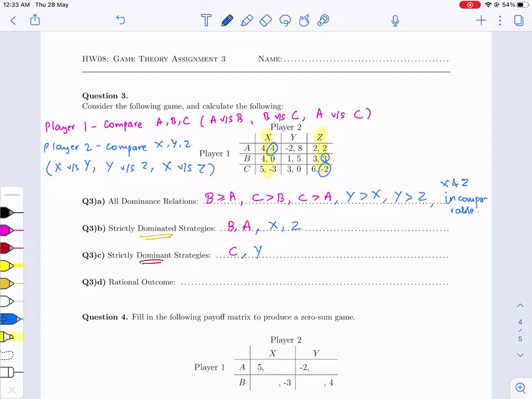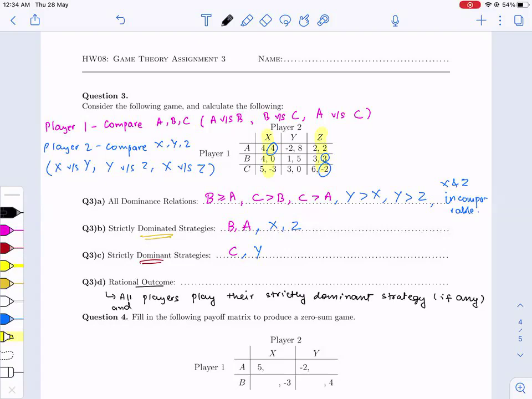Now, a rational outcome is when all players behave rationally. So all players play their best strategy, or their strictly dominant strategy if they have any.